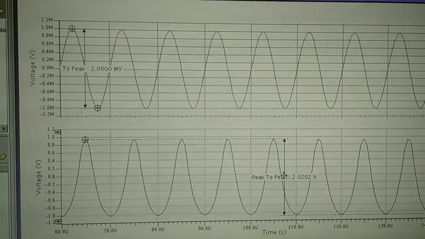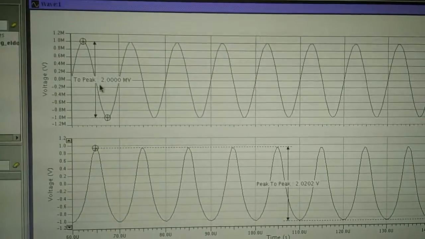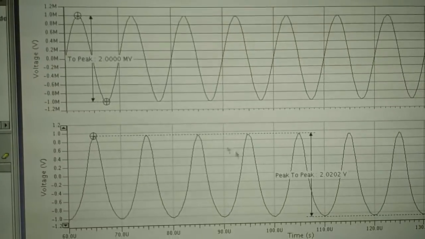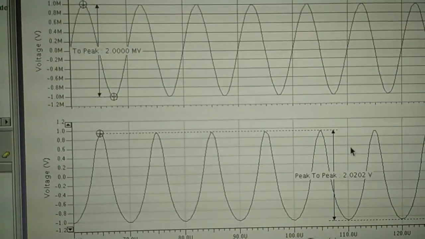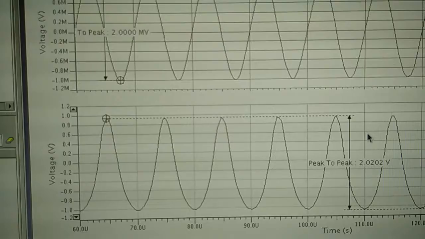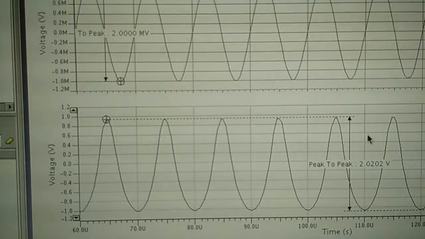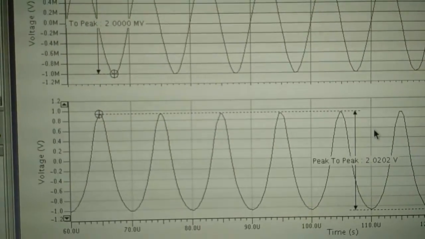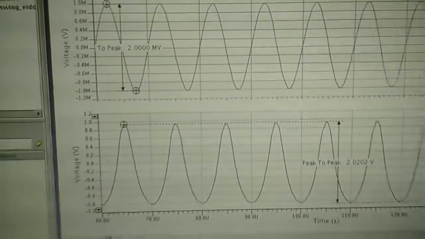So when the output value is divided by the input value, the gain is about 1000, which is equal to 60 dB. This shows that it satisfies our design specification.